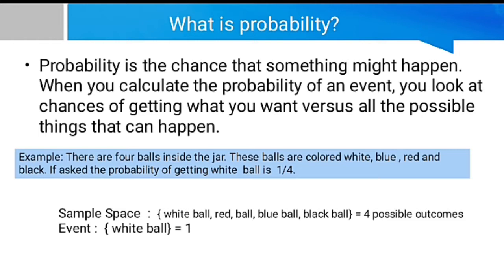How many white are there inside the jar? There is 1. So the probability is 1 out of 4. There is only 1 chance of getting white inside the jar, and there are 4 possible outcomes or chances when you pick a ball inside the jar. So 1 out of 4. Therefore, the probability is 1/4.